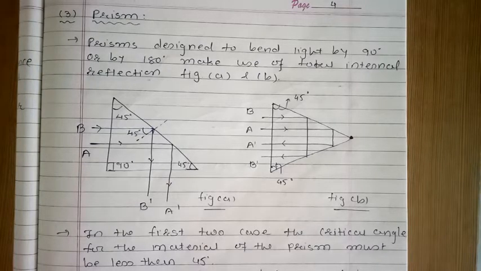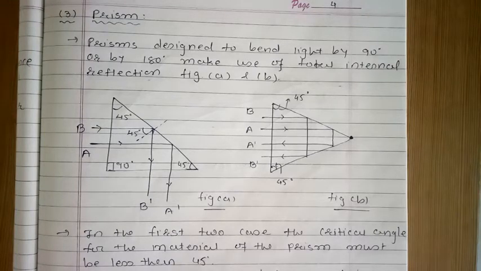One another use is that such a prism is used to invert the image without changing its size. So if we want to invert an image without changing its size, then we use the prism. This is a topic used for MCQ, right?